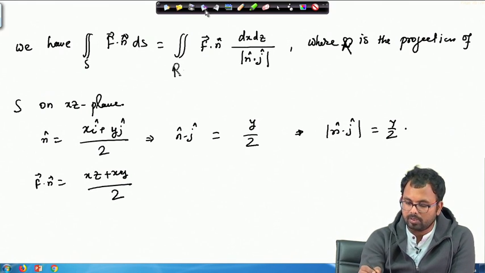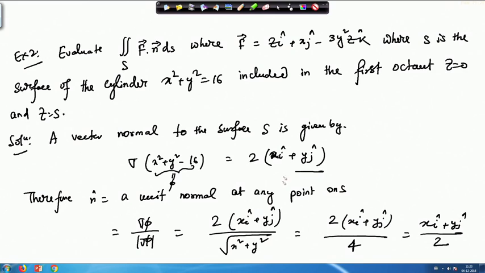So we have xz plus xy by 2 here, and this is 4. Okay, so here I am getting 4. Did I do this calculation correctly?